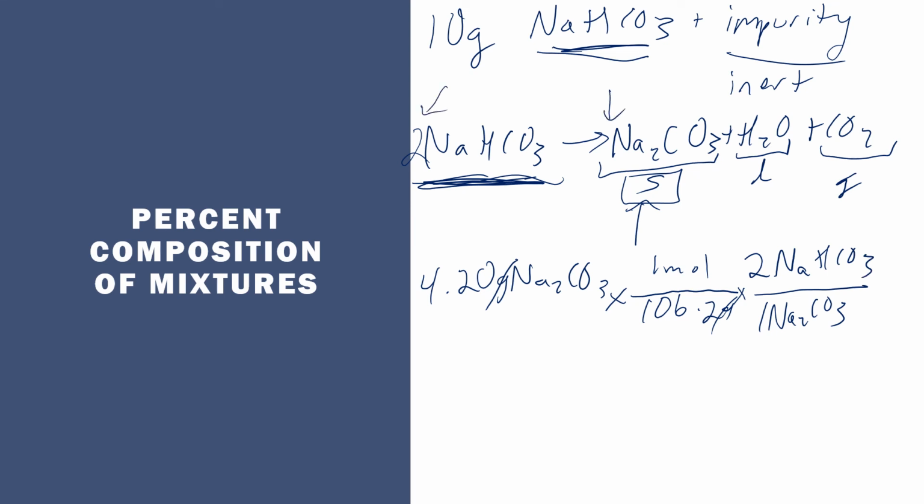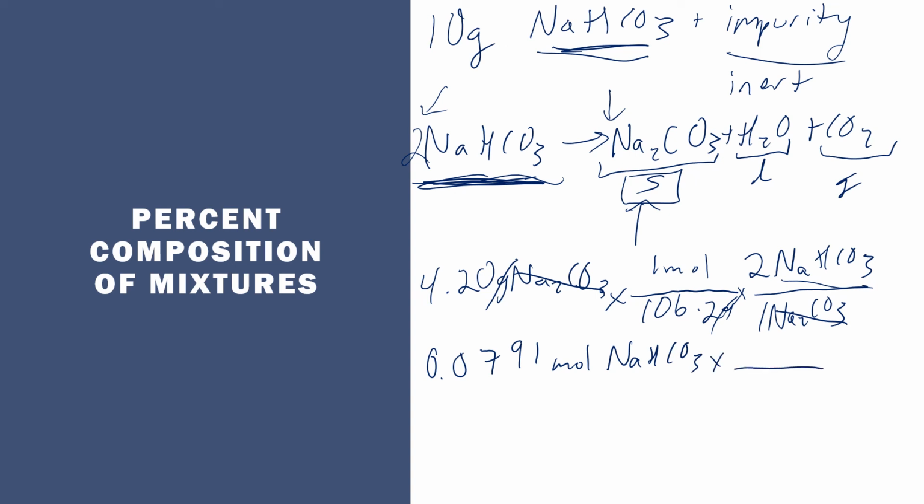And even though the 1 is not written, it's still there. So the Na2CO3 cancels out, and we're left with moles of the NaHCO3. Let's do that really quick: 4.2 divided by 106.2 times 2. That means I have 0.0791 moles of the NaHCO3.